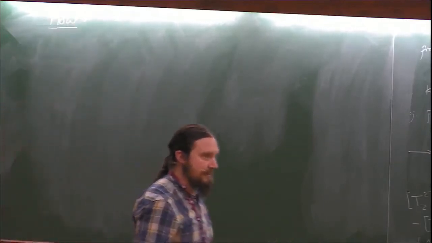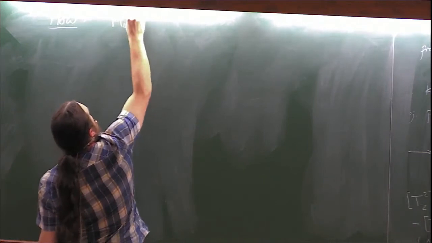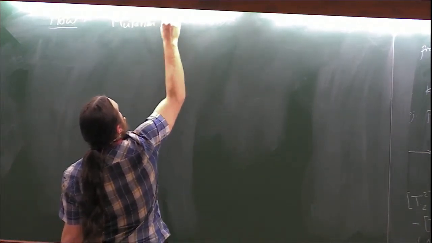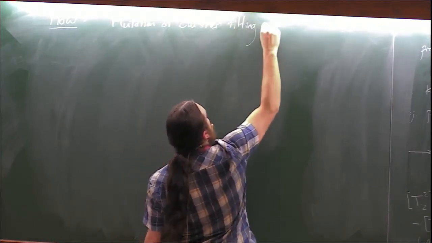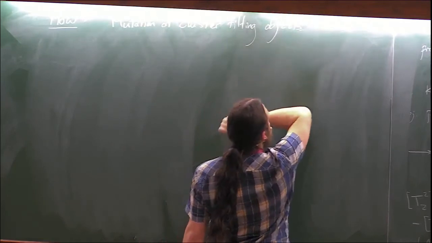So now, I want to say a word on how this theorem is proved. And what I want to explain in the last 15 minutes is the notion of mutation of cluster tilting objects. Not that I will be proving many of the statements that I will write down now, but at least I want to show you how this can be defined.